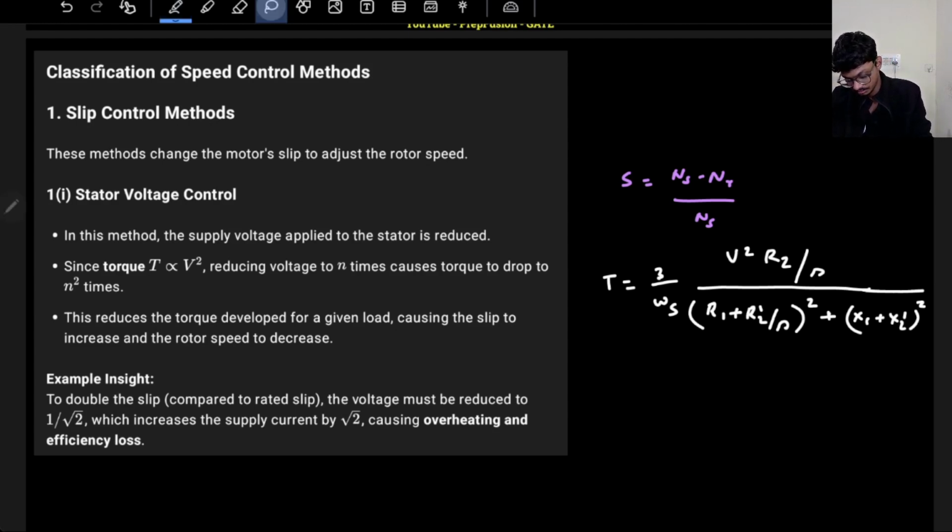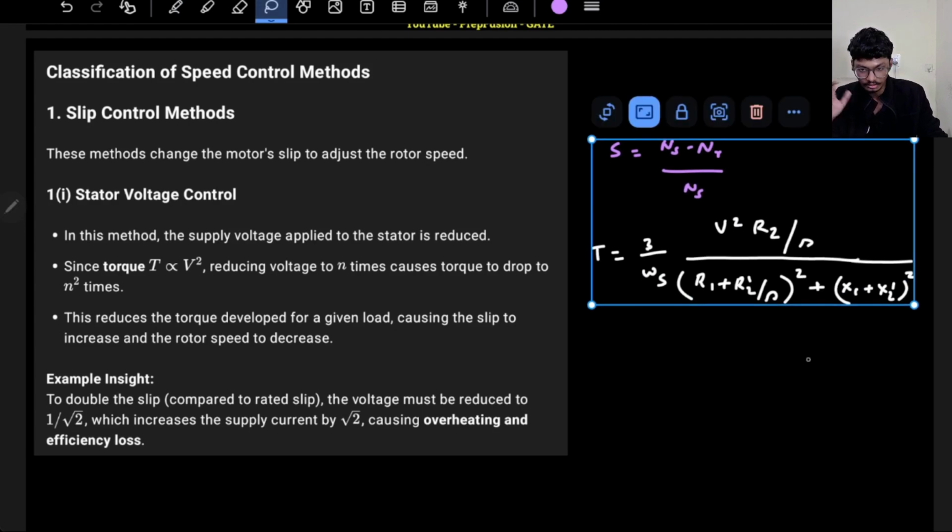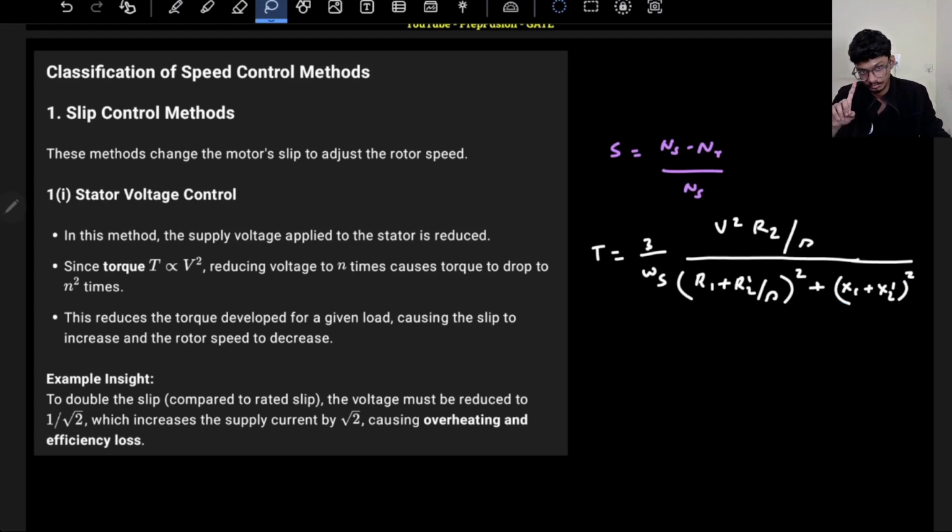In the low slip region, again we will do some approximations. I just want to check what my torque depends upon. Previously we also did that, if you remember, when plotting the torque speed characteristics.